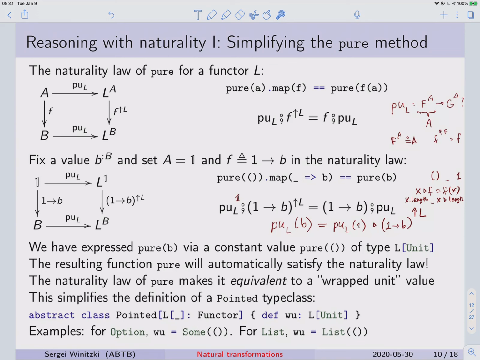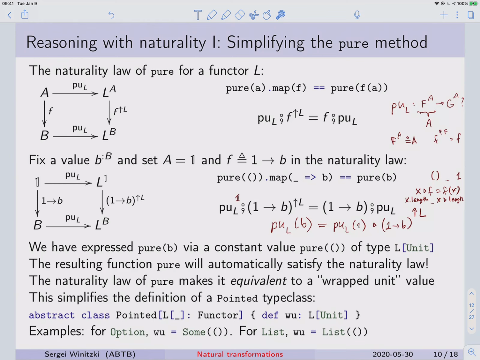If you define your function pure like this, and then you substitute it into this naturality law with arbitrary types a and b, then this just falls out and you have functor composition, and because of functor composition, this just works automatically. So this makes pure equivalent to a single value of this type, which I called wrapped unit. So it's a unit value wrapped into the type constructor L.